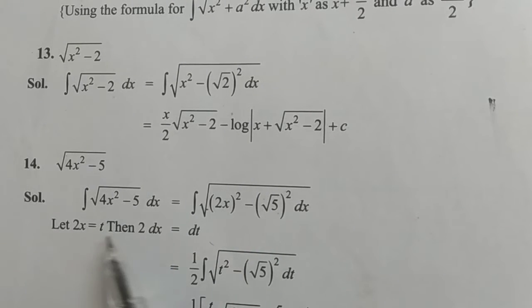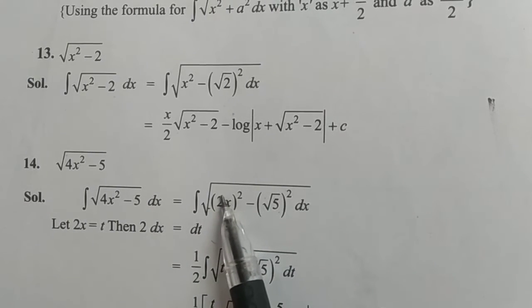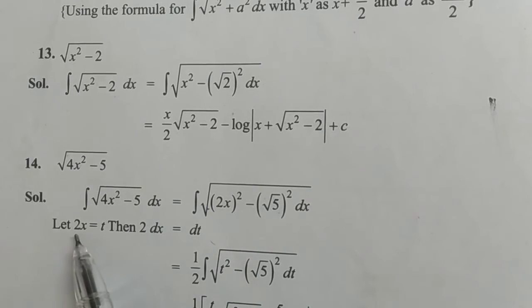Now using the substitution method, take t equal to 2x. So we get 2x equal to t.